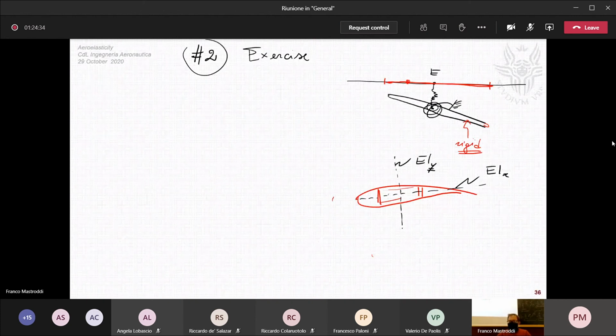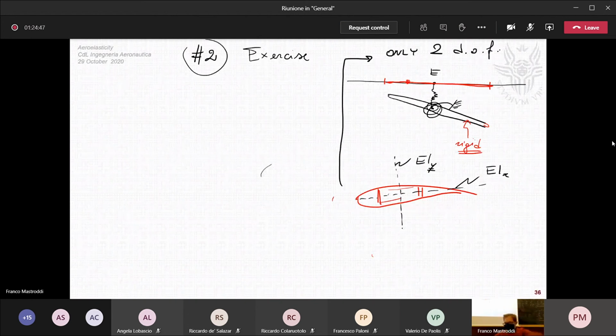And for this reason, we consider only 2 degrees of freedom. Currently, vertical motion, also known as plunge or heave motion, and pitch rotation. And therefore, our degrees of freedom are the following.